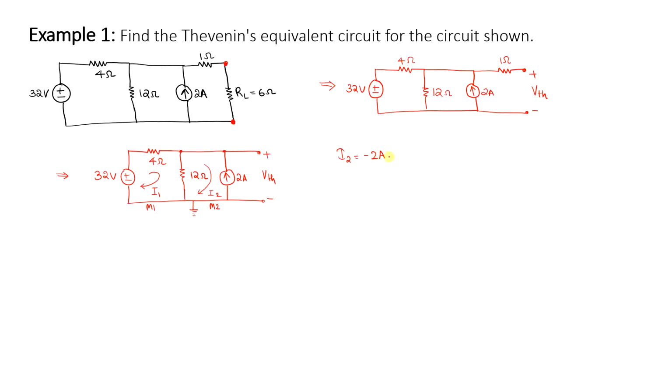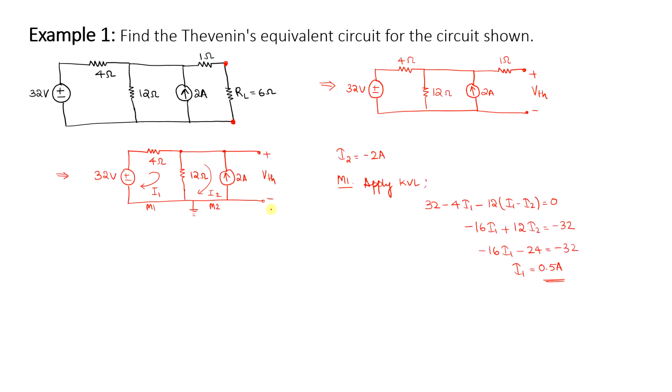Whereas when I apply KVL to the first mesh, I have 32 minus 4 times I1 minus 12 times (I1 minus I2) is equal to 0. So I can obtain the value of I1 to be equal to 0.